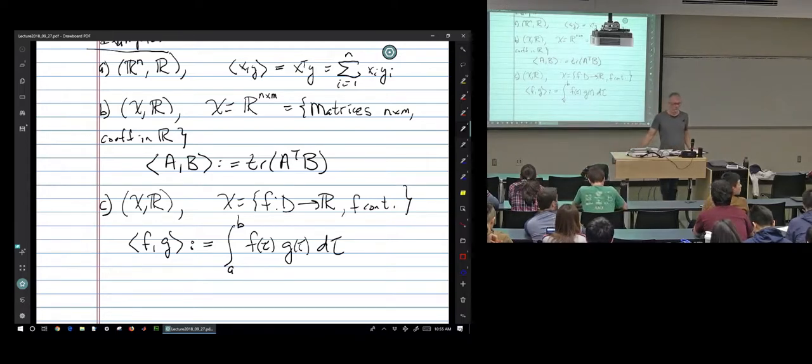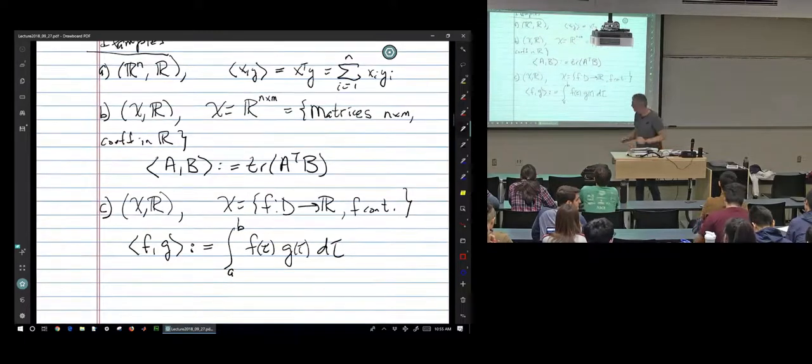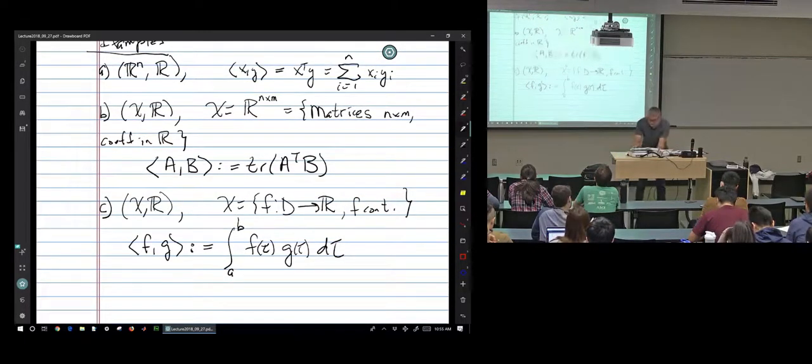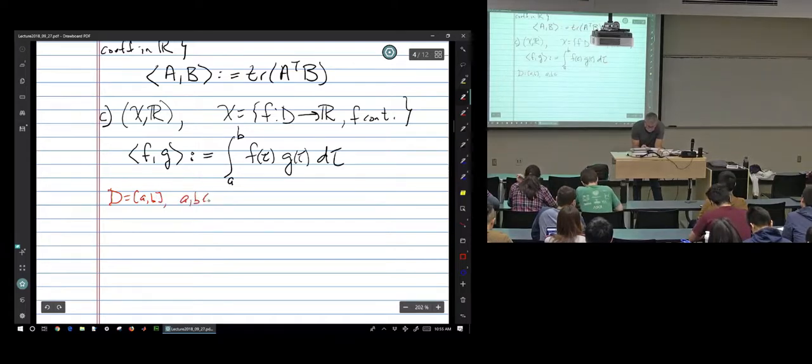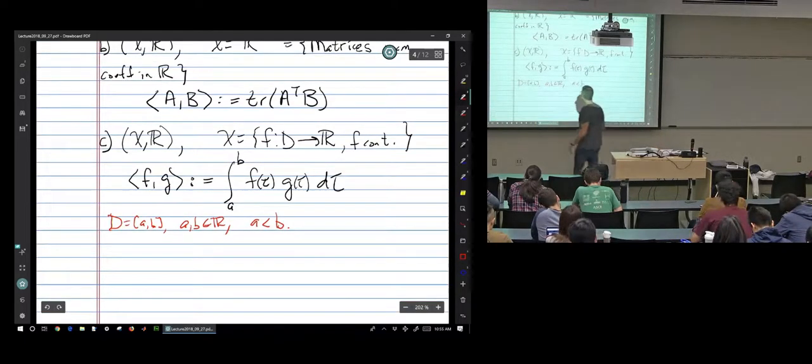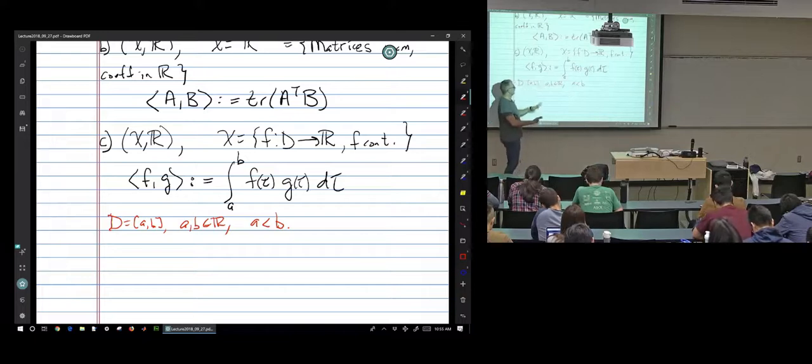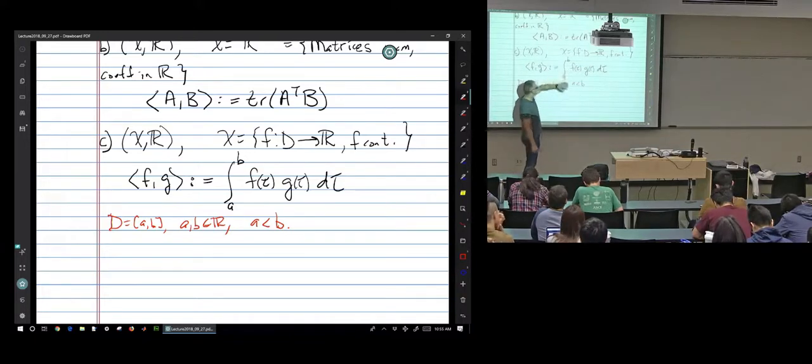Yes? Do A and B have to be finite, or do they have to be infinity? Yeah, so I've taken a shortcut and I shouldn't have, so D equals A, B. A and B are real numbers, so they're finite, A less than B. Now, you can extend it to minus infinity and then infinity, but then we have to put limits here, and I don't want to do it.